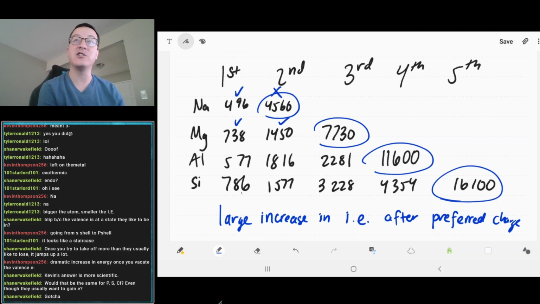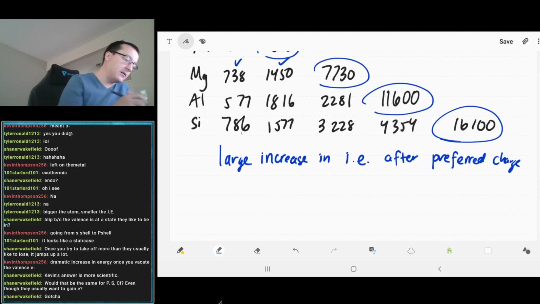So Monday we're going to start with electron affinity, which is the opposite of this. And so we're going to see there that it's going to be the same case but just in reverse. So last kind of things here. This is one thing about ionization energy.